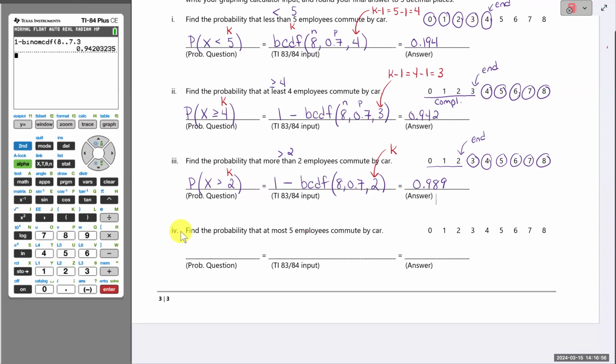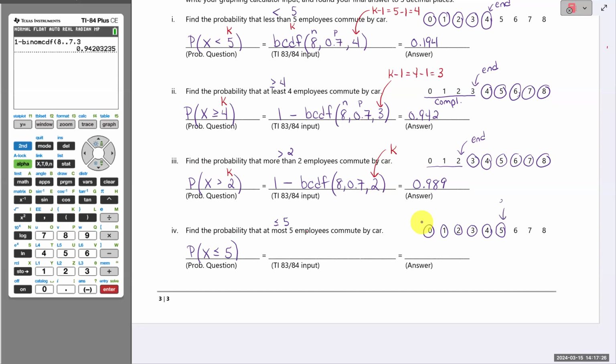Find the probability that at most 5 employees commute by car. So at most is less than or equal to. At most means at the max. So the probability that X is less than or equal to 5 employees. All right, so less than or equal to 5 would include 5 employees, or maybe 4 employees, or 3, or 2, or 1, or 0.